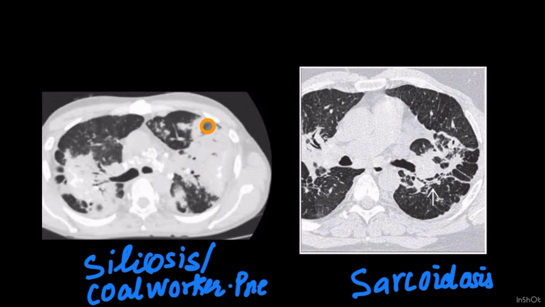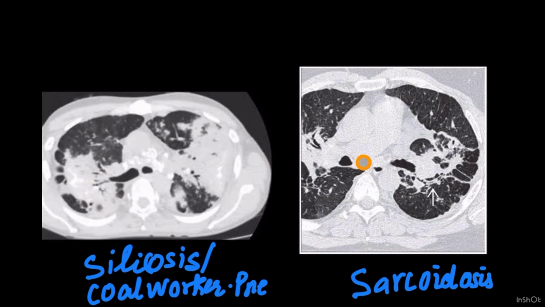When small nodules of fibrosis, because there are multiple particles of silica, unite with each other, they make larger particles, and when large particles unite with each other, they form large masses, and then large masses unite with each other and form even bigger masses. So these masses are basically fibrous tissue.